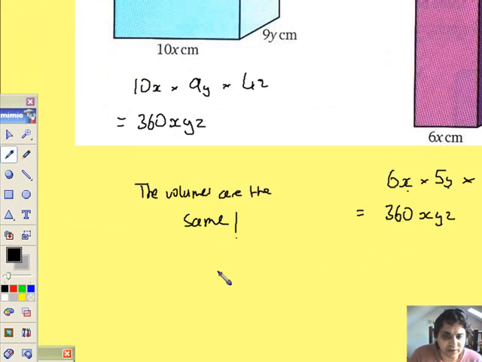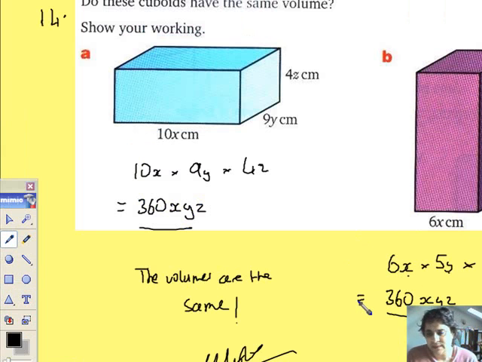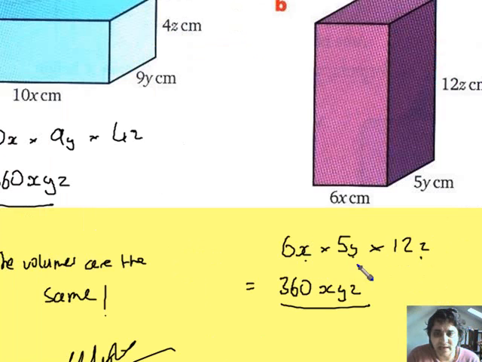There's no further discussion. You just sign it off as done because you've proven that that is the same as that. If you want to show a few more steps, well, don't bother really. You've proved that that's 360xyz and that's 360xyz. You've shown that you've multiplied the 3 relevant lengths, so it's time to stop, and that's good enough.